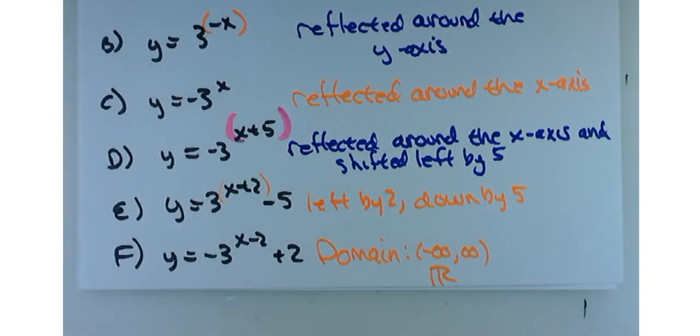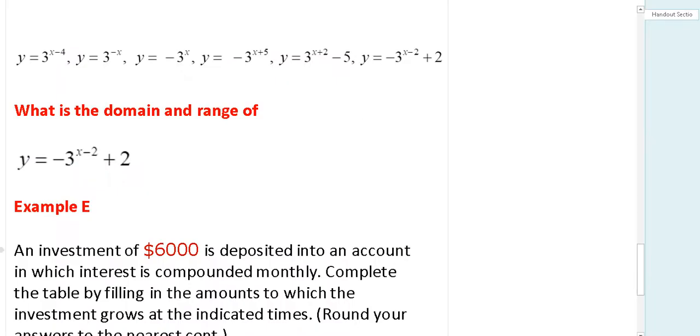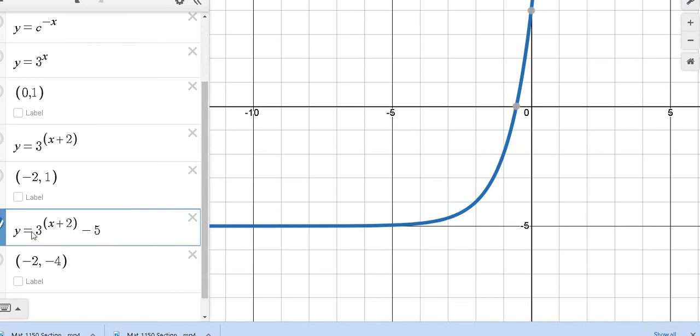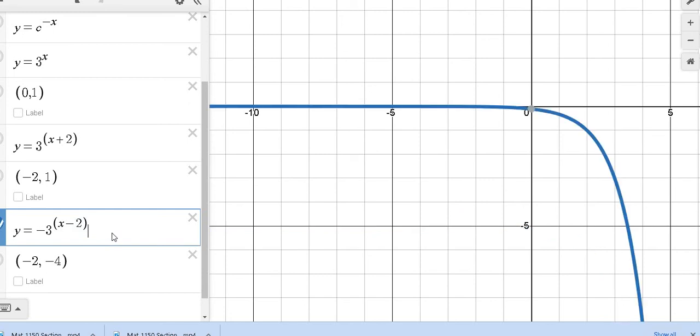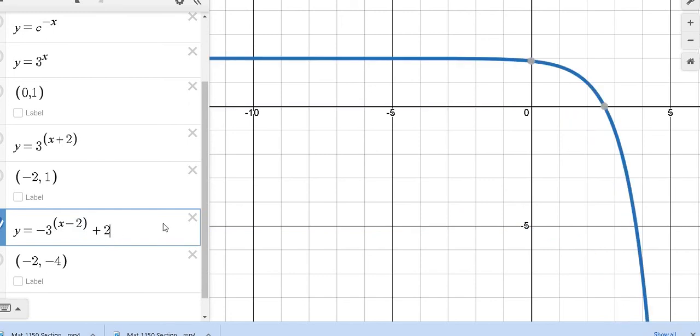But the range, you might want to look at that one a little bit. So let's take a look at that graph. Let's see, I want to type in negative, then x minus 2, and then plus 2. There you go.